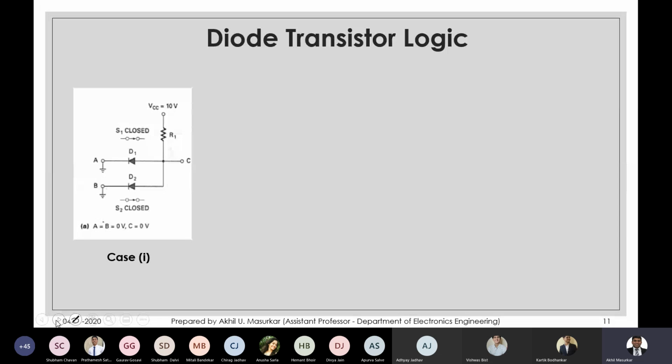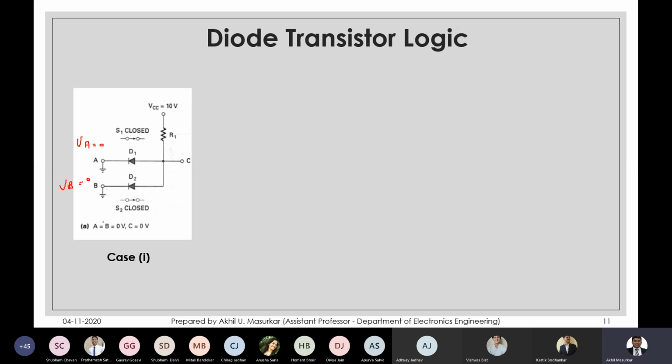First one is case 1. You can see both A and B voltages are 0. So here you can see VA is 0 and VB is also 0. Okay, Asmita, can you tell us diode D1 and D2 whether they are forward biased or reverse biased?